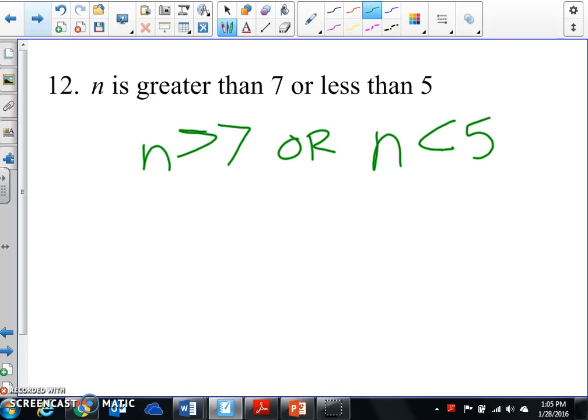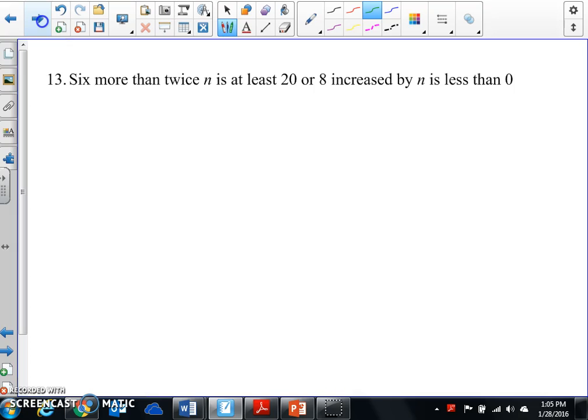Let's go like that. 13. 6 more, so 6 more than twice n is at least. So remember, at least is actually a sneaky word because it actually means greater than or equal to. So greater than or equal to 20.